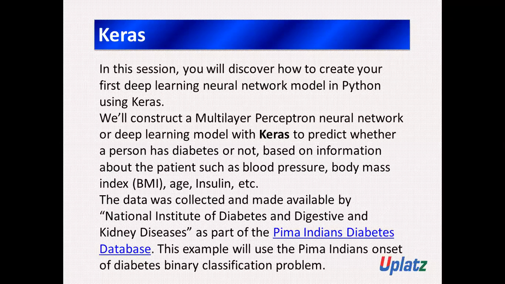So what we are going to solve here is to build a multi-layer perceptron neural network model, or a deep learning model, with Keras to predict whether a person has diabetes or not based on information about the person, such as blood pressure, body mass index, age, insulin, and some more information.